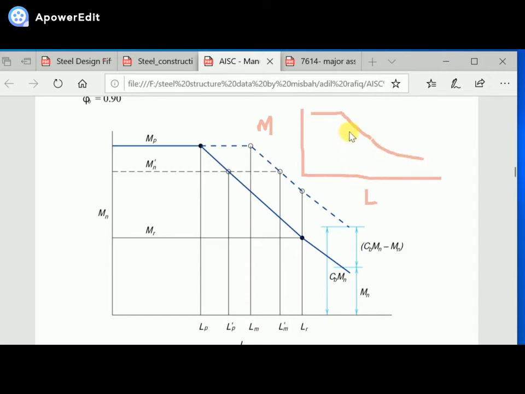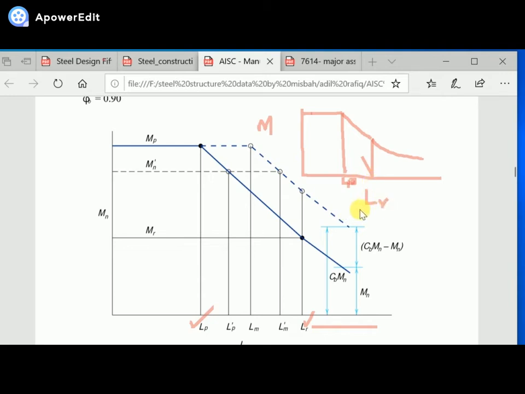So we have three distinct, clear portions. The design strength of the beam lies in these three zones. You can see here LP, and then LR, and then beyond LR.